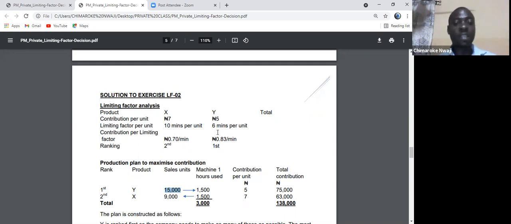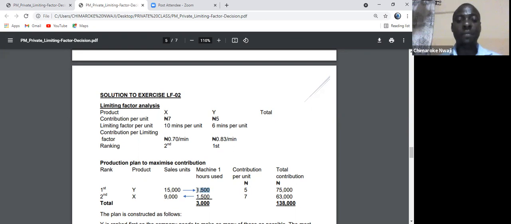It means 0.1 hour per unit. If you multiply 0.1 by 15,000 units, what would that give me? 1,500. So it means that 1,500 hours is what is required to satisfy all units of product Y.